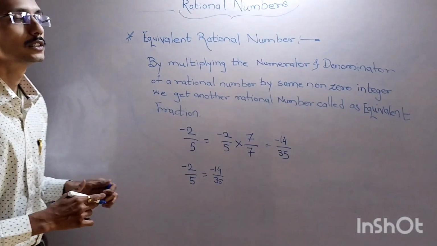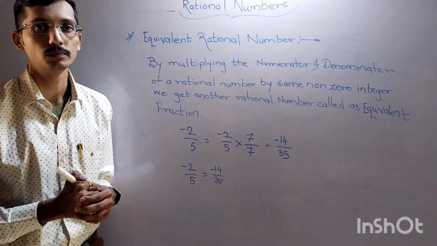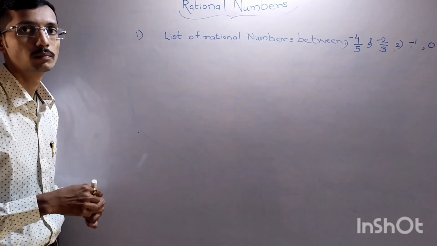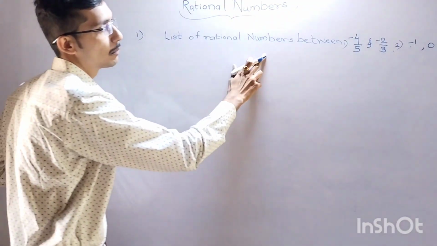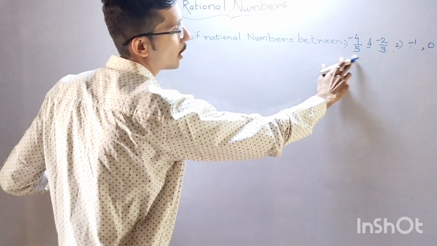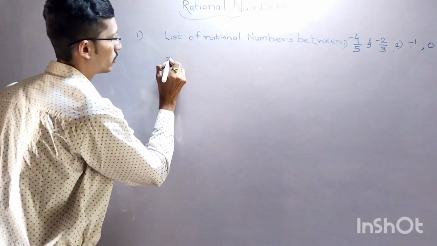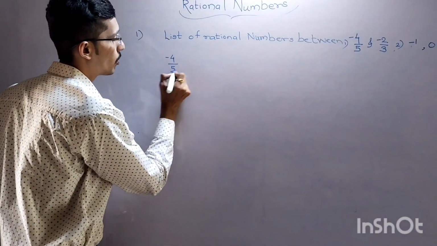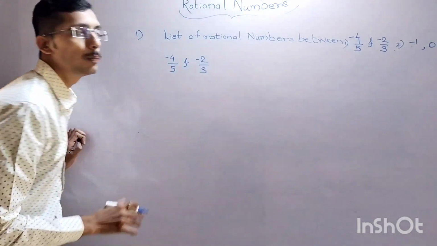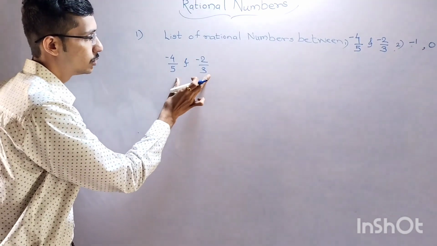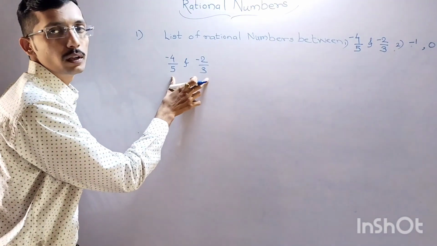Now we will see some numerical examples regarding rational numbers. The first example is to list rational numbers between -4 upon 5 and -2 upon 3. To find the rational numbers between these two, first we have to make their denominators the same.